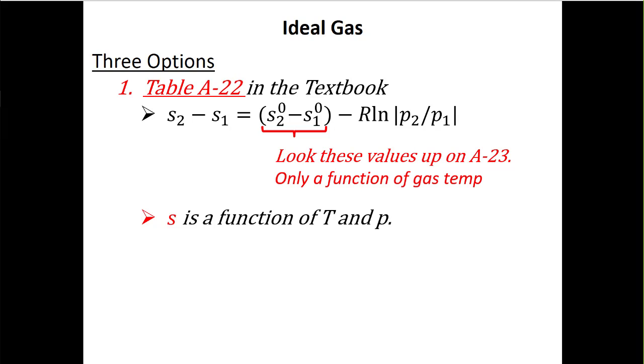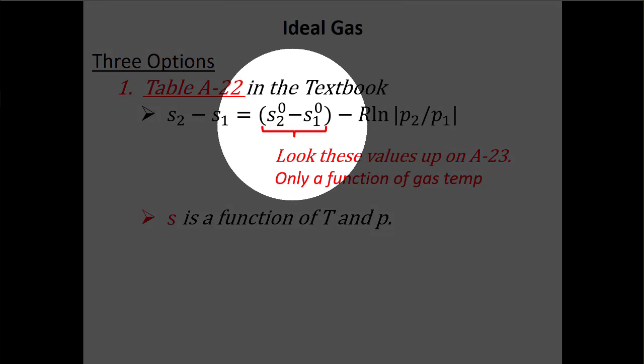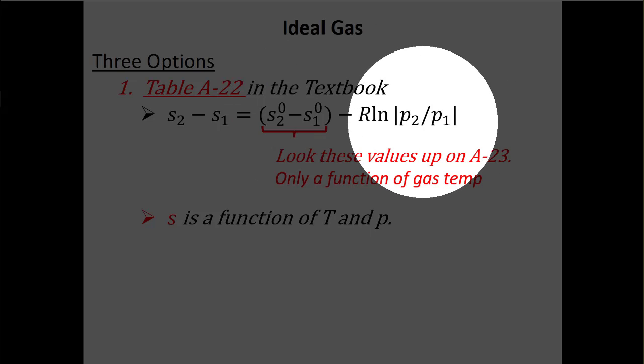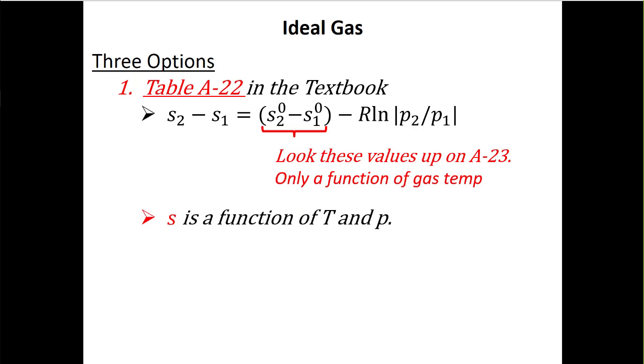Because the specific entropy is a function of temperature and pressure when we're talking about gases, so we have to look at both. So we need something about temperature, that's what s superscript 0 tells us, and something about the pressure, that's what this other term tells us. This equation is on the equation sheet as well. So this superscript 0 term tells us the change in the specific entropy because the temperature is changing, but then we still have to fill in some information about what's going on with the pressure.